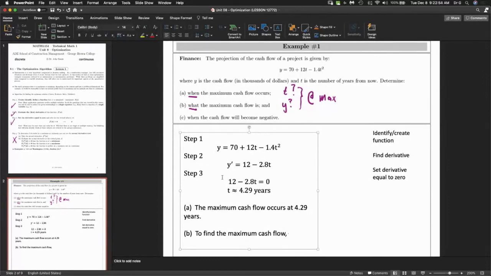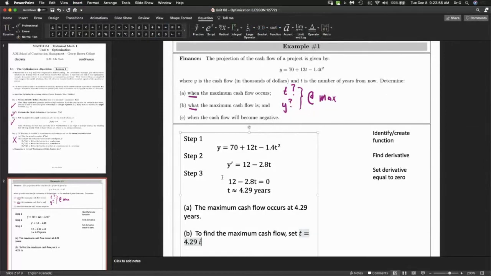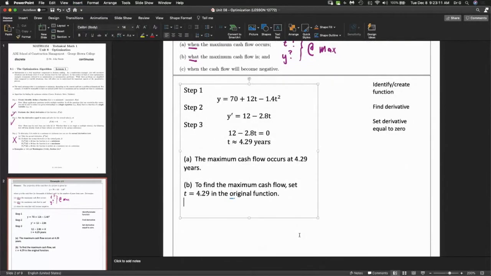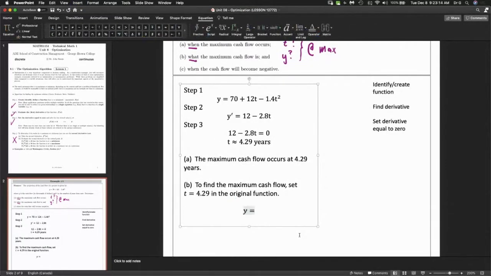That's right. So what you do is you set t equals 4.29. If you do that, you get y equals 70 plus 12 times 4.29 minus 1.4 times 4.29 squared.